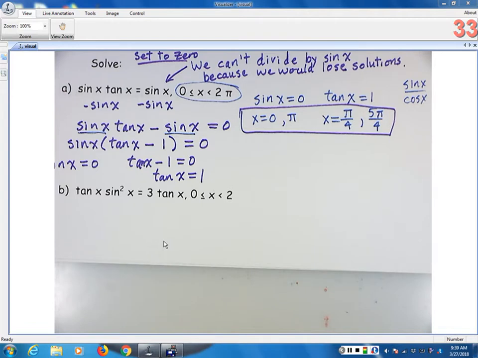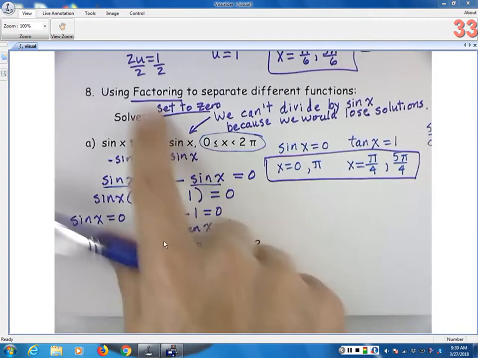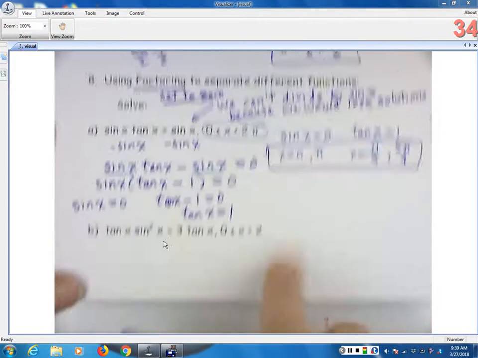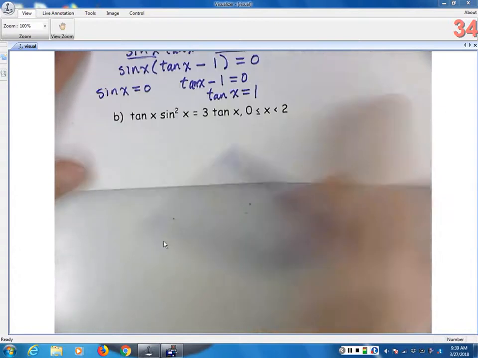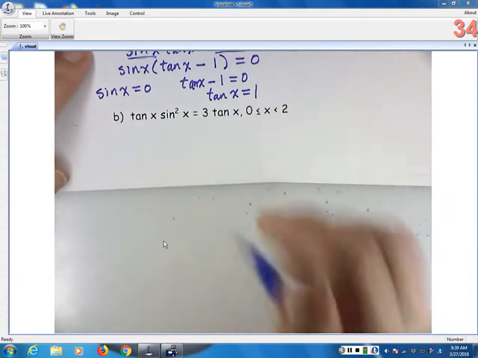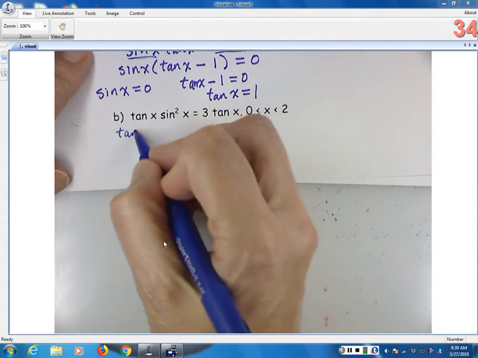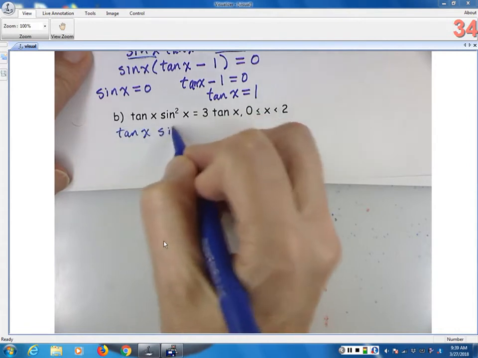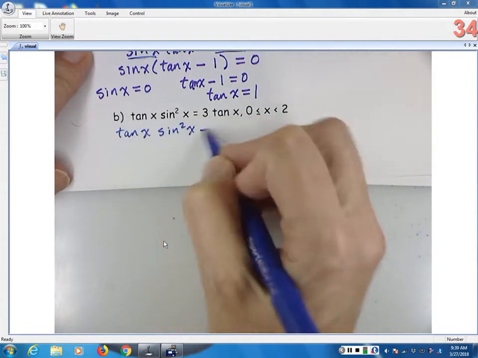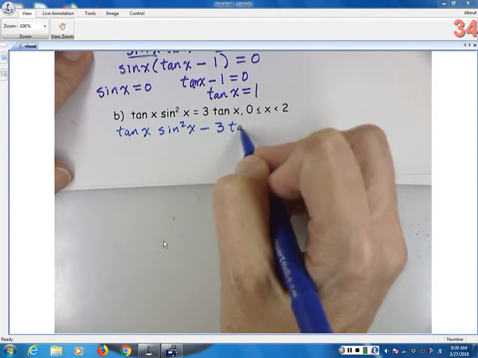Got another example here. We're going to factor to separate the different functions. We have to separate these functions to solve it. So we're going to set it to 0 by subtracting 3 tangent x. So you get tangent x sine squared x minus 3 tangent x.